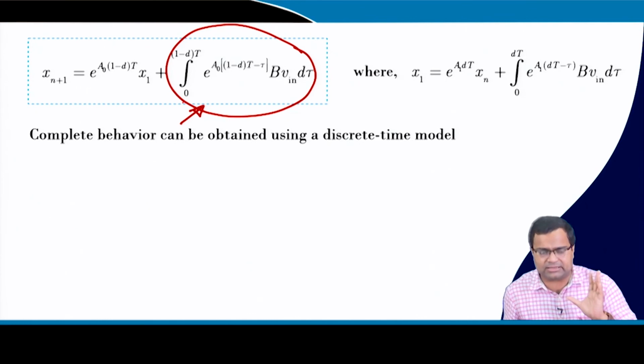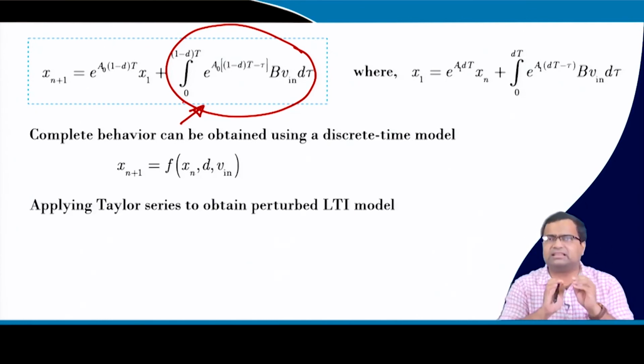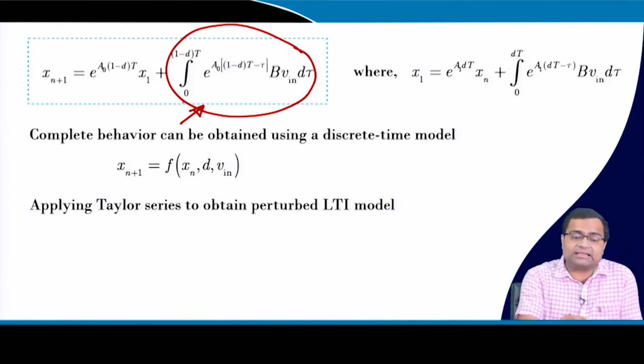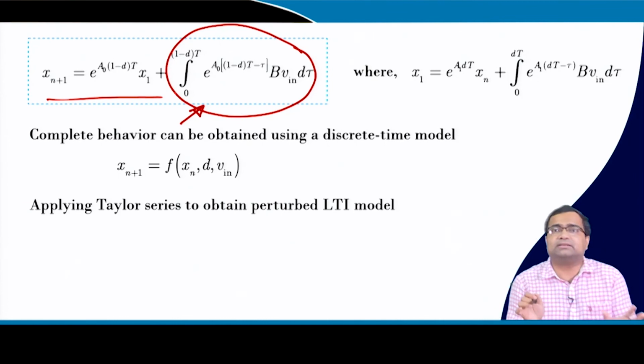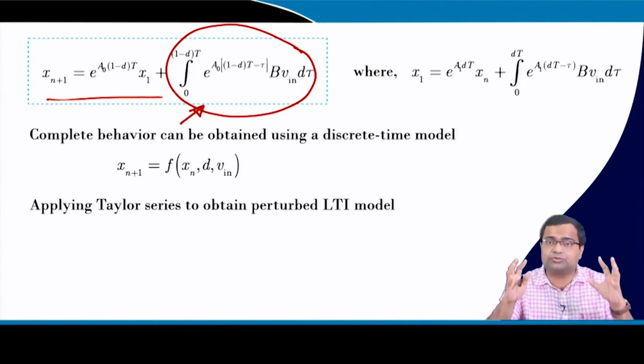But for the time being, just for introduction, the discrete time model can be derived and this can accurately capture all kinds of stability. But as you can see, this is a mathematically complex system model. So you should use it only when you want to investigate such kind of instability.